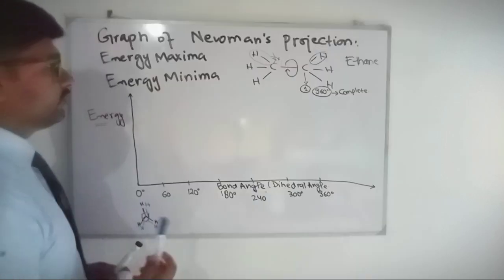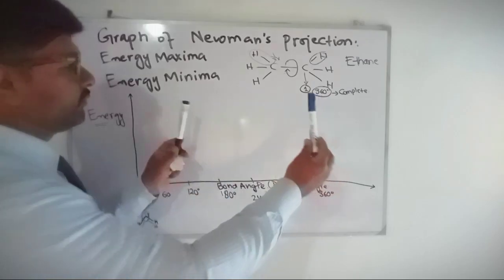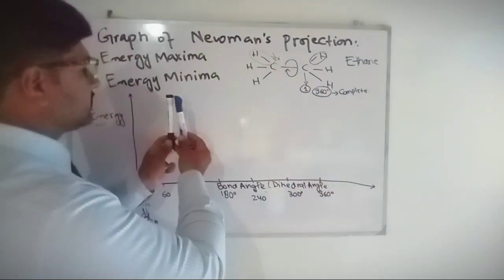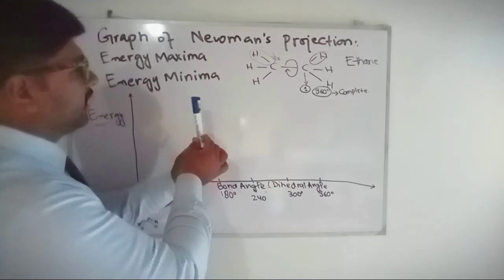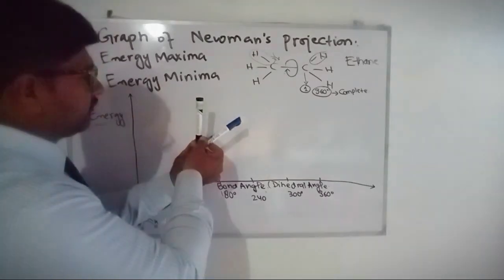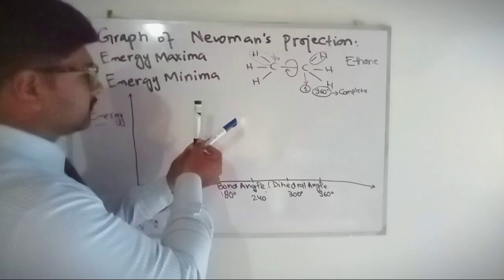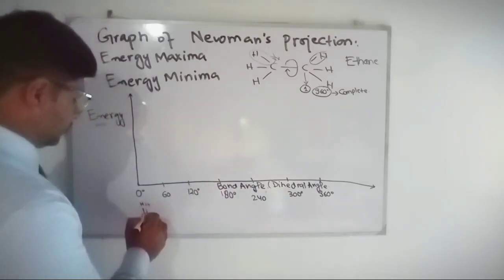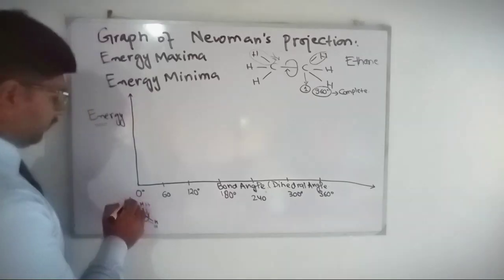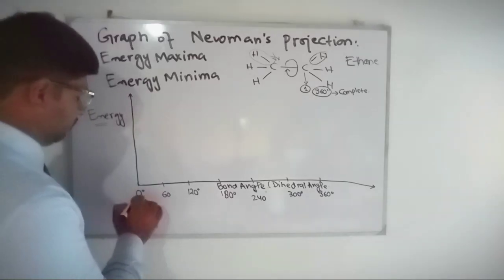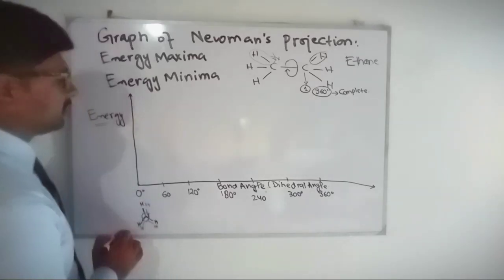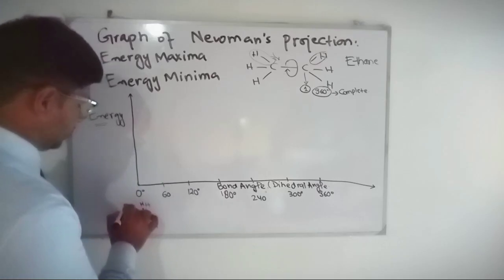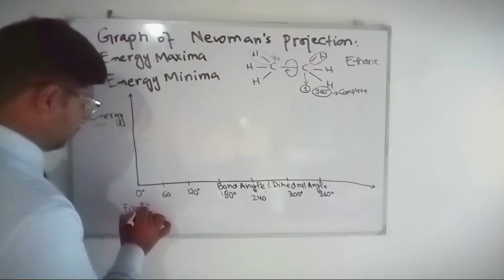Now, if the two bonds are parallel to each other, I am talking about the carbon to hydrogen bonds, you can say that there is no angle between them until or unless it shows some sort of rotation. So we will say that at this point, the dihedral angle will be 0 degrees. So this kind of conformation will be called the eclipsed conformation.